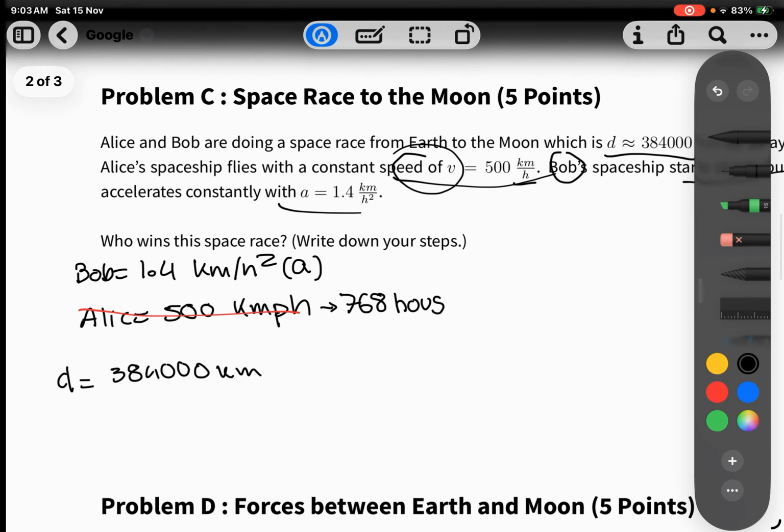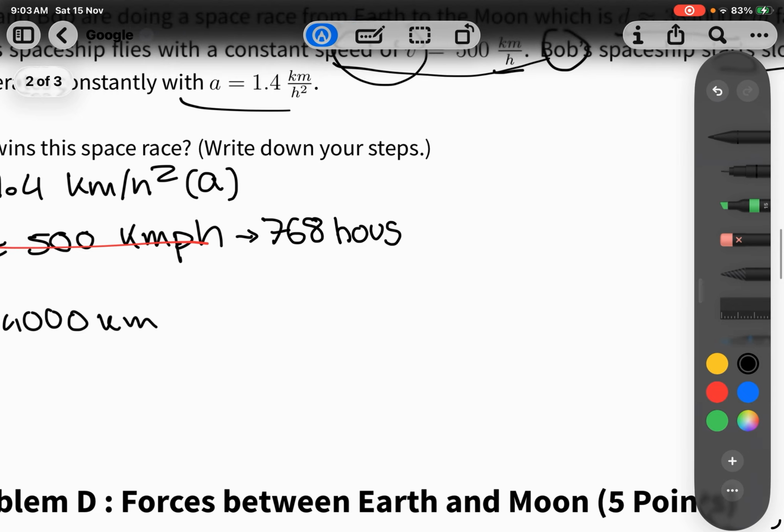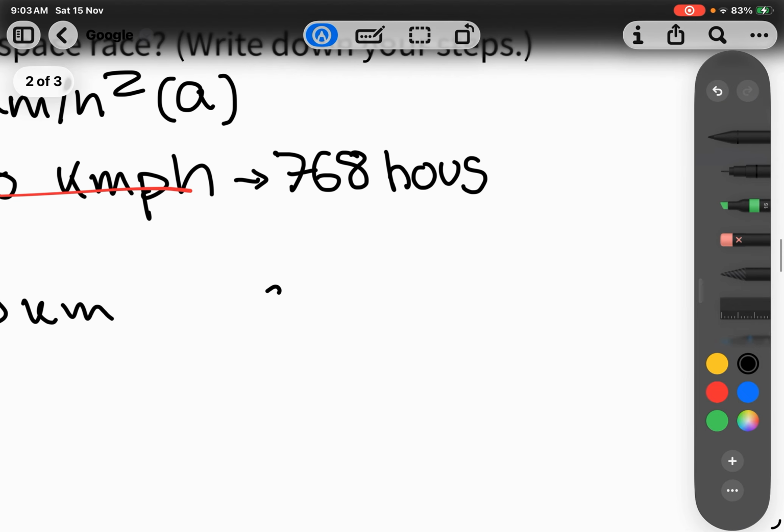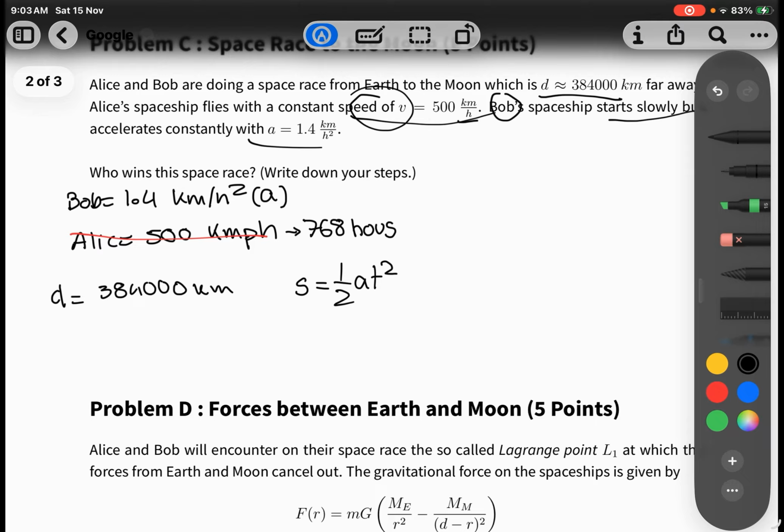For this, we can use another SUVAT equation, which is S is equal to 1 by 2 AT squared. I'm pretty sure it's derived from V squared minus U squared is equal to 2AS, because V minus U by T is equal to A, and then stuff like that.